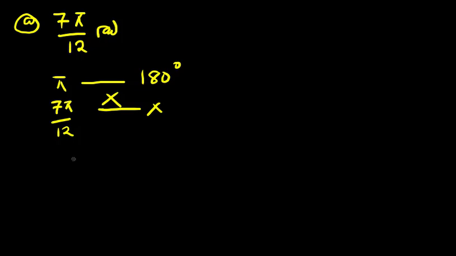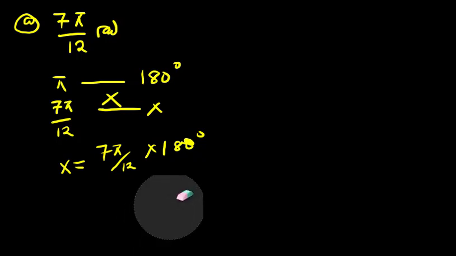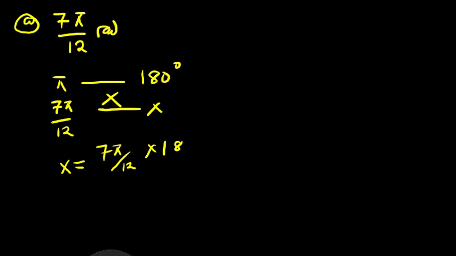So cross multiply. So x will equal 7 pi over 12 times 180 degrees. Let me write that properly. 180 degrees, and then this over pi. So this will equal, so 12 there.